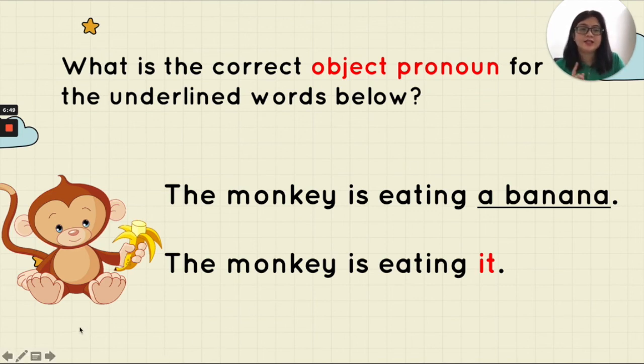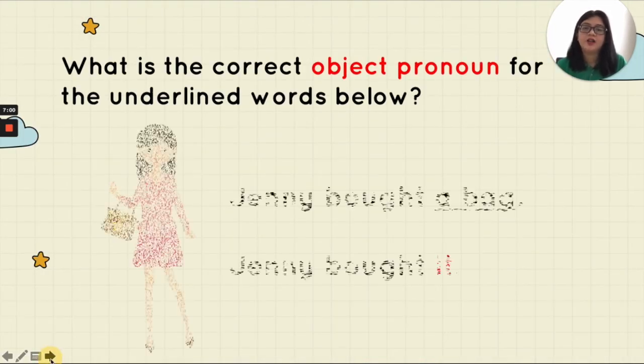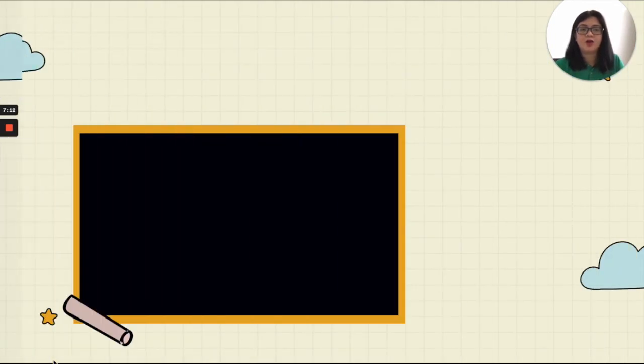This is in singular form, third person. Next we have another sentence. Jenny bought a bag. Instead of saying Jenny bought a bag, you can change a bag into it. Jenny bought it. Bought is the verb and it is the object pronoun.